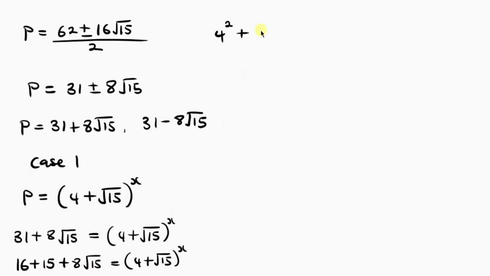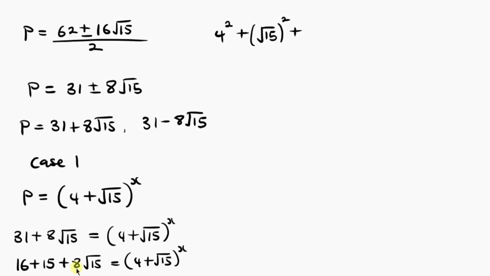So I'm going to put it in a square root, which is this 15 here. But I cannot just put it in a square root without squaring it. So in order to validate putting this 15 in a square root, you need to square the expression. Plus, this is 8.